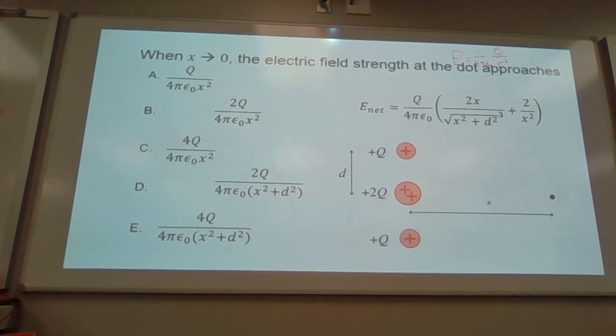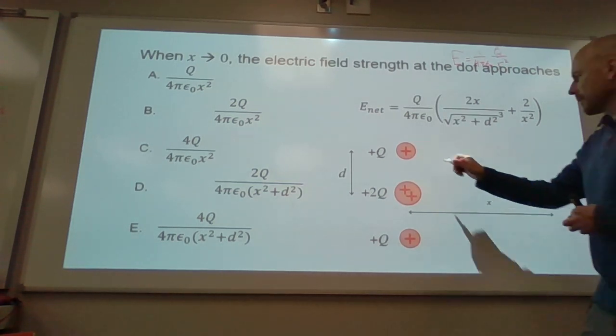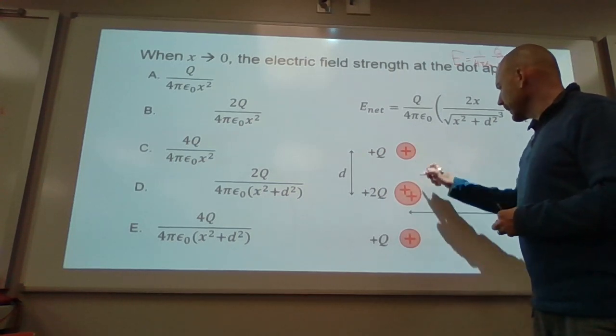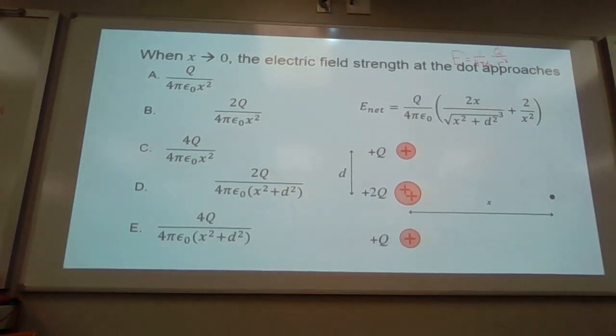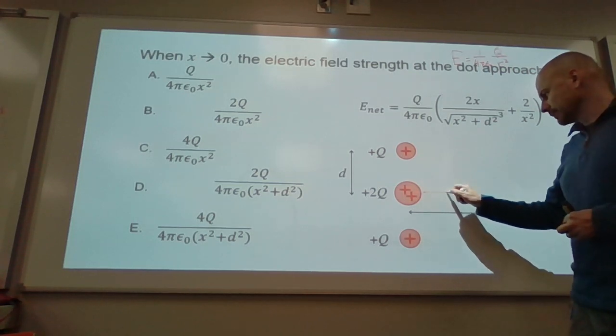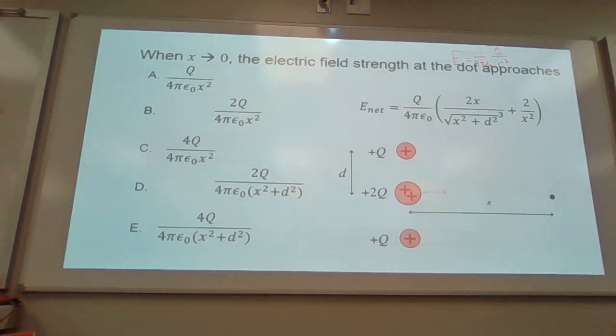Correct answer is B. The electric fields from these two cancel out. It's close to vertical, and all you have is the electric field from this guy. Oh, okay, so x doesn't actually reach 0, so we don't actually need to take the limit.